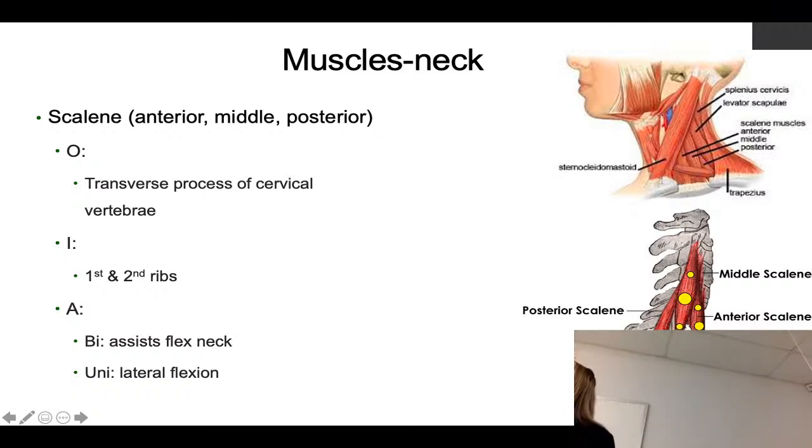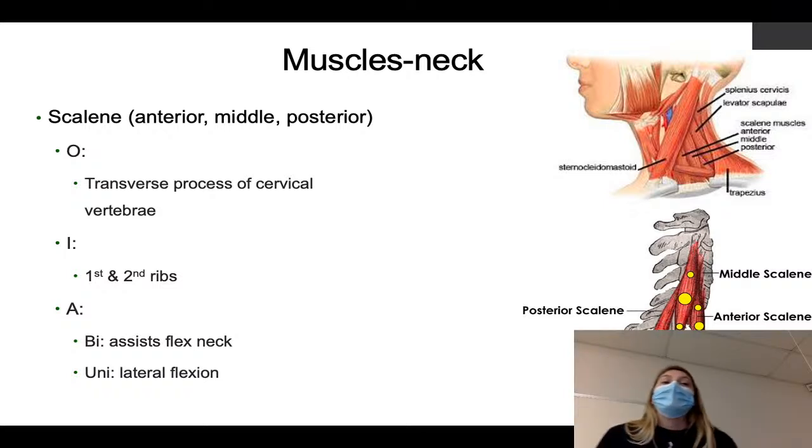Your first rib and second rib are a lot higher than you think they are. Your first rib is actually directly underneath your collarbone. So it sits right underneath. So it's coming from the transverse processes on the side, inserting onto this first rib, second rib. So bilaterally, they're going to assist with neck flexion. They're not major neck flexors, but they do assist.